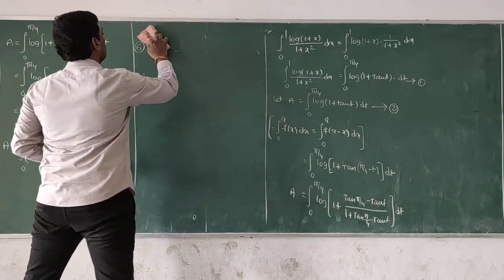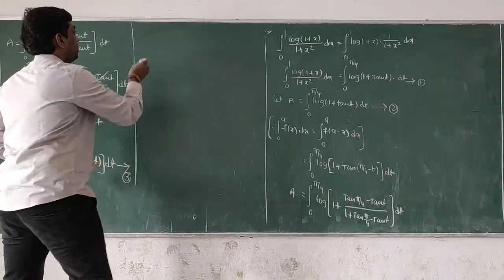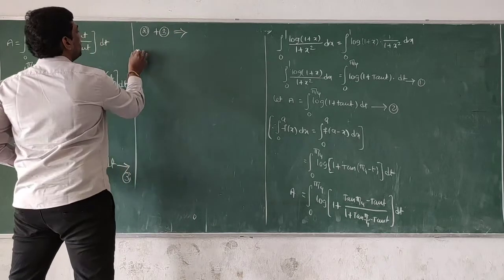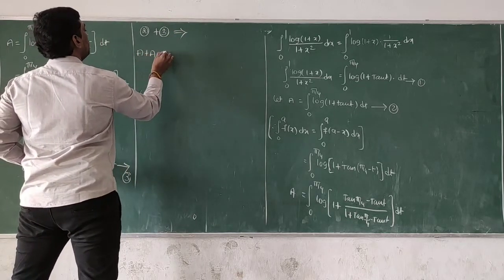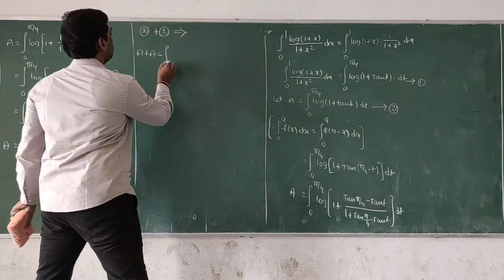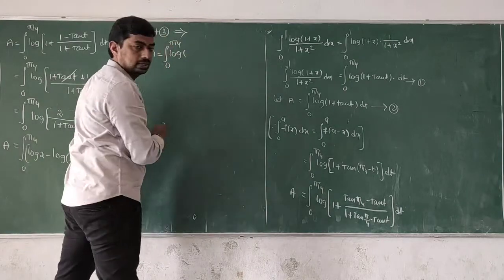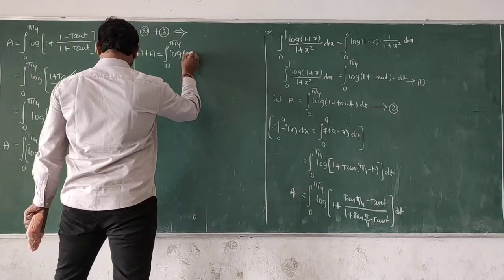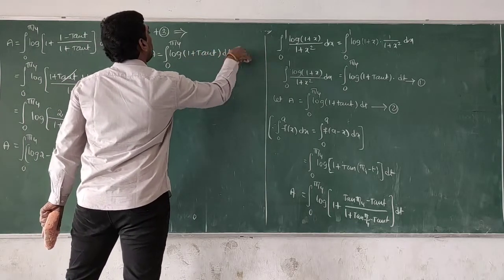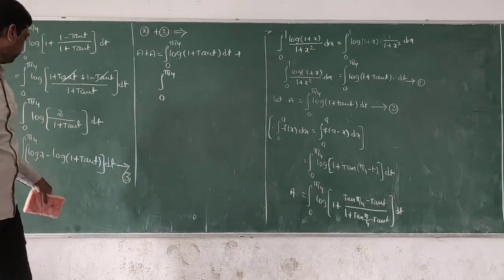Okay. Do 2 plus 3. Add LHS to LHS. A plus A equal to integration. What is the second equation? RHS is 0 to pi by 4 log of 1 plus tan t dt plus integration 0 to pi by 4.